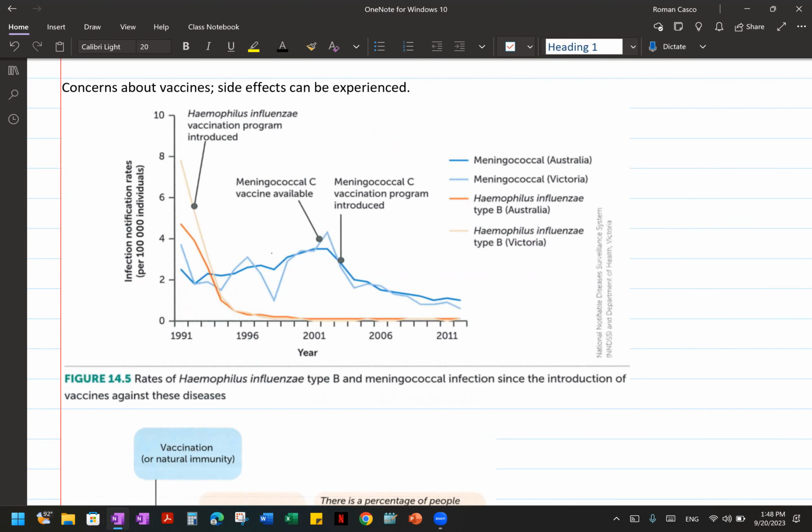Meningitis, basically coming from a meningococcal disease, in the early 2000s, after that the infection rate essentially goes down. So you do see a positive trend, that vaccinations can help lower the rate of infection just because you become immune by this method.